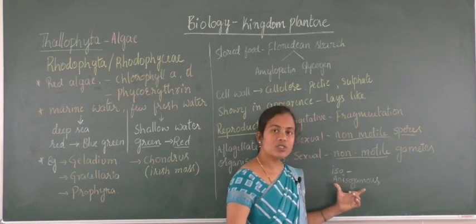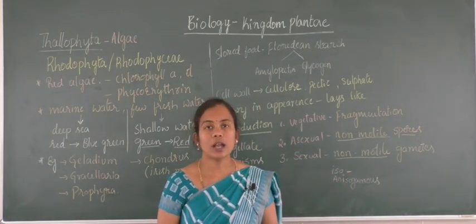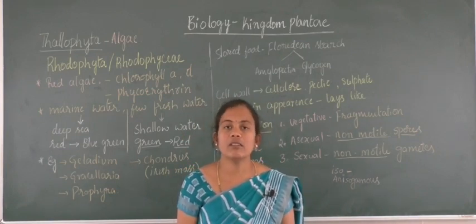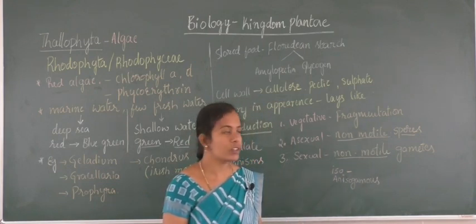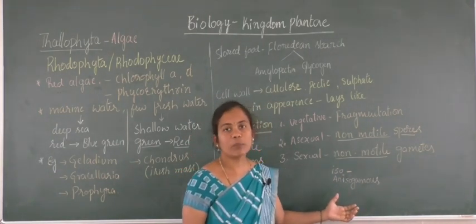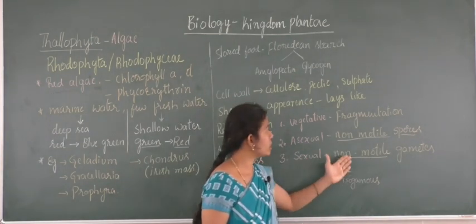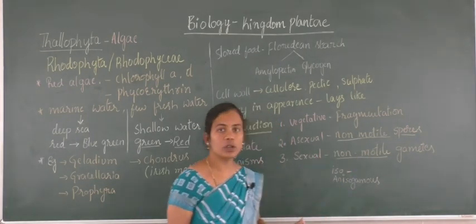And in the anisogamous type of reproduction, there will be a fusion between dissimilar sized gametes. One will be of a larger size and the other of a smaller size, and that type of fusion of gametes will result in the anisogamous type of reproduction. Later you can identify the same non-motile condition both for asexual and sexual methods of reproduction.